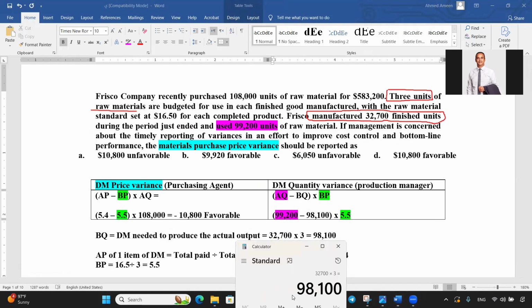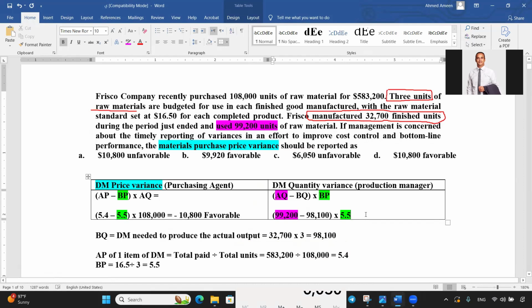Let's calculate the direct material quantity variance. 99,200 minus 98,100 multiplied by 5.5 is equal to 6,050. Positive amount, which means it is unfavorable.